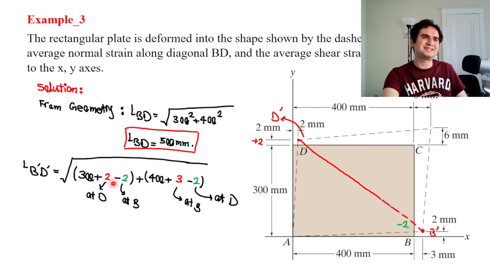So it moves up by 2 millimeters, but at the same time the other side comes up by 2 millimeters. So that's the concept of relative displacement. If you gain 2 bucks at the end of the day and you lose 2 of them, it means the turnover is nothing.